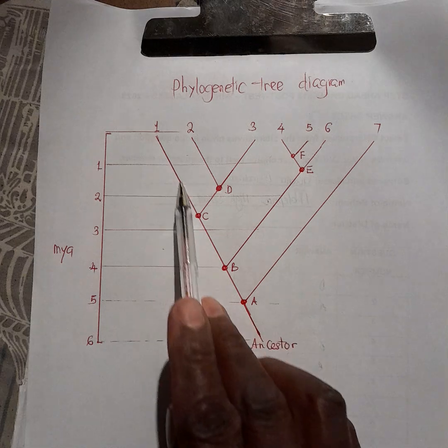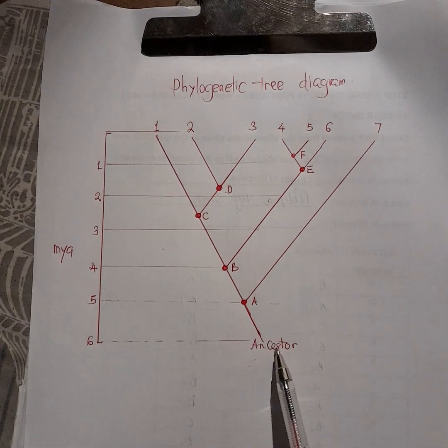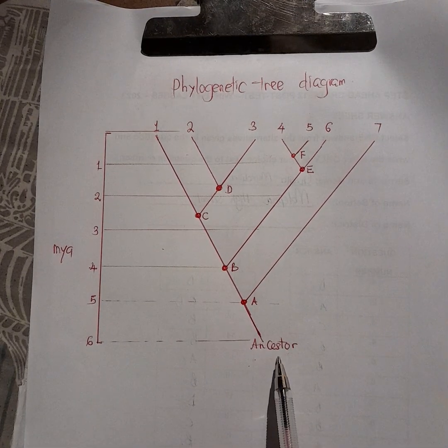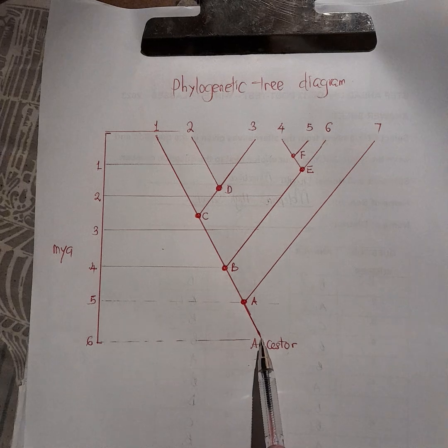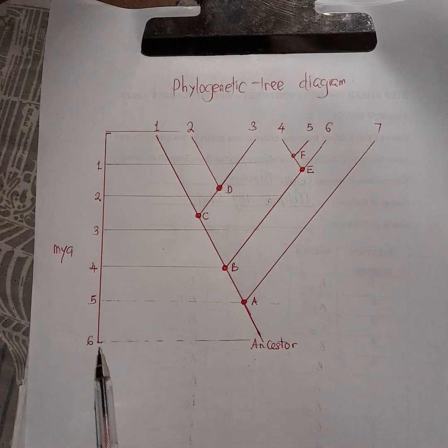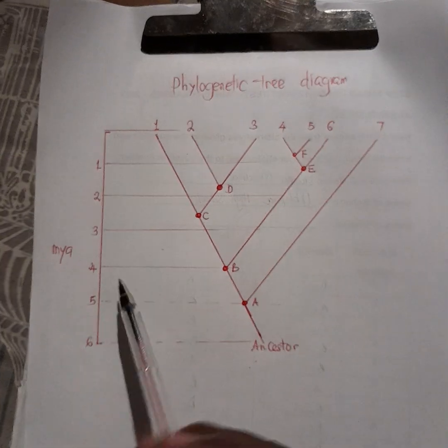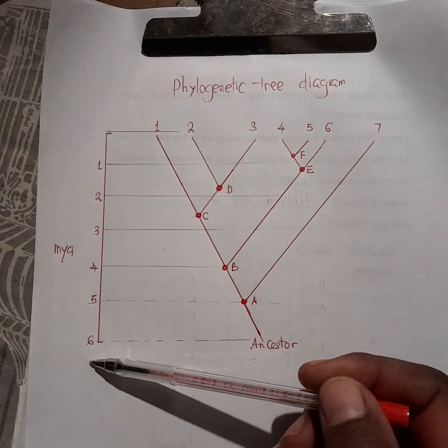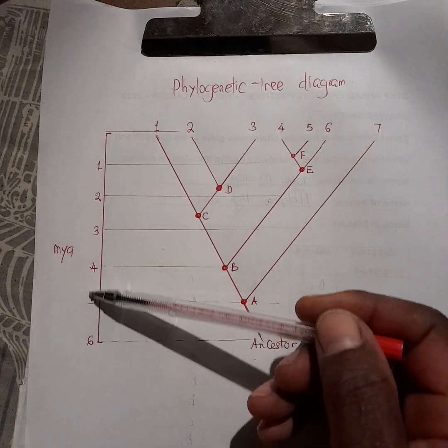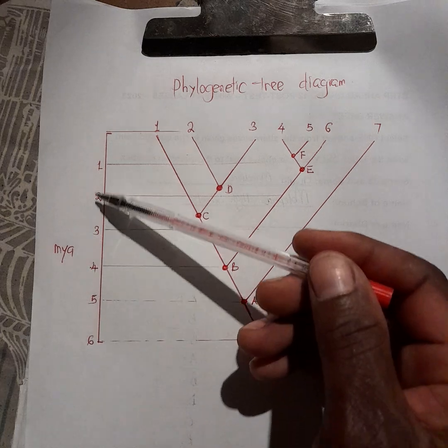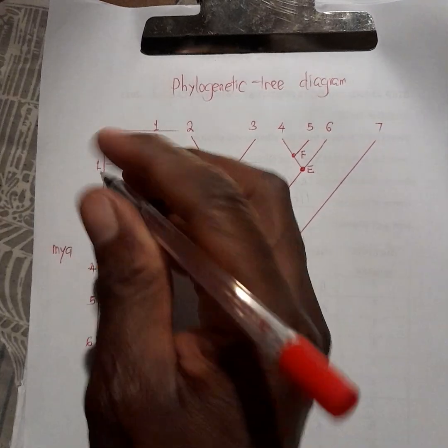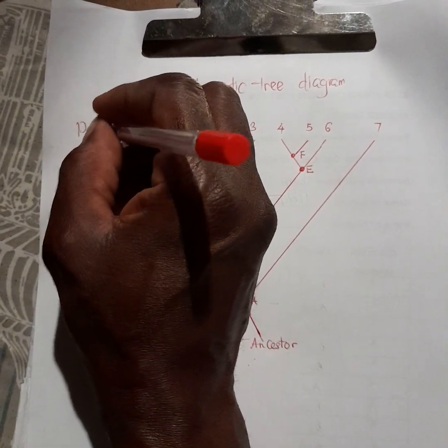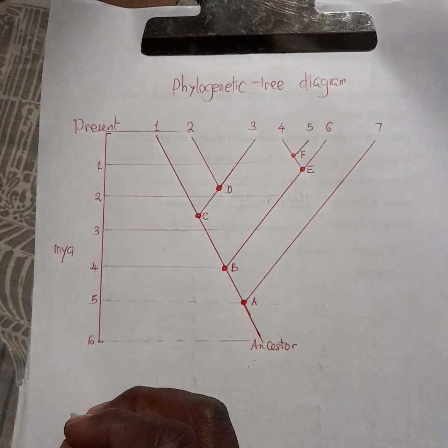So hence their ancestor is the one that is below, who is believed to be 6 million years ago. Because as you can see, as the geological timeline moves up, the numbers are decreasing, meaning that this gives us the present time, right?